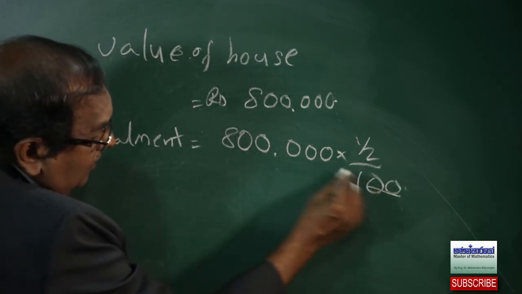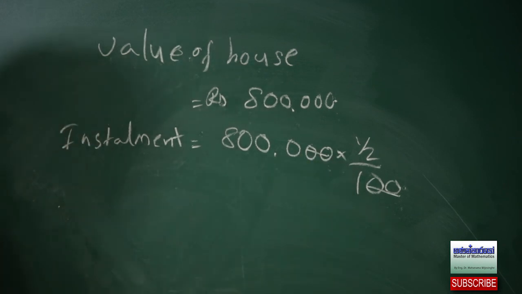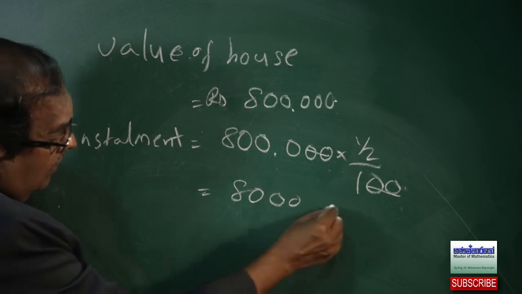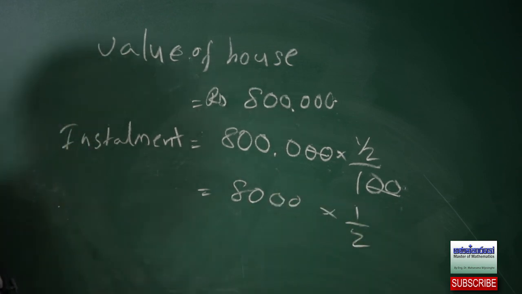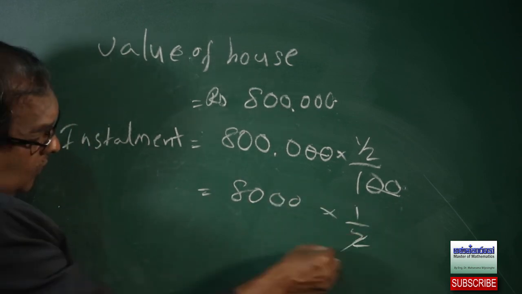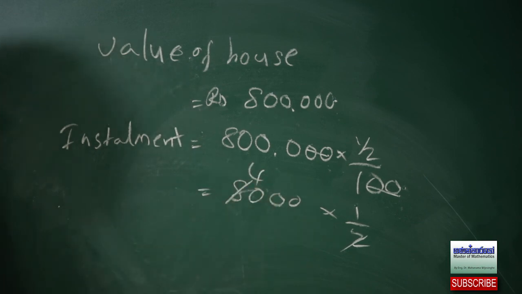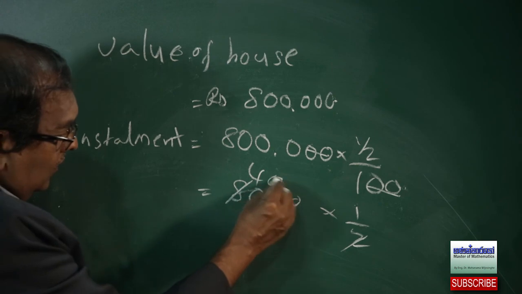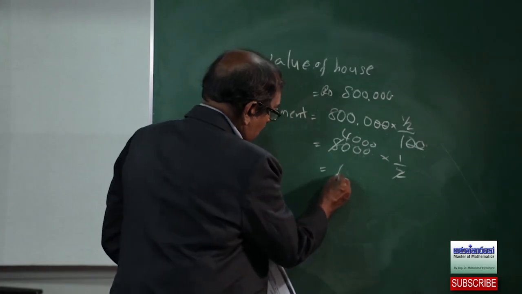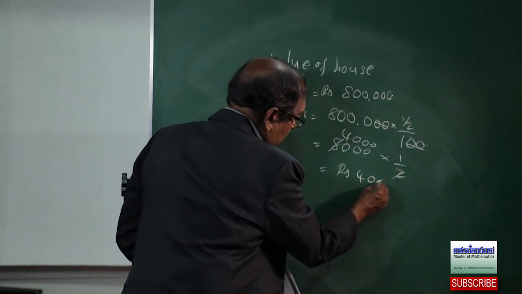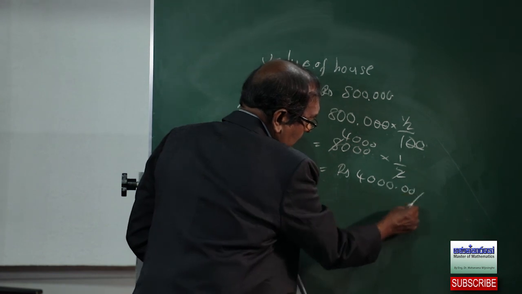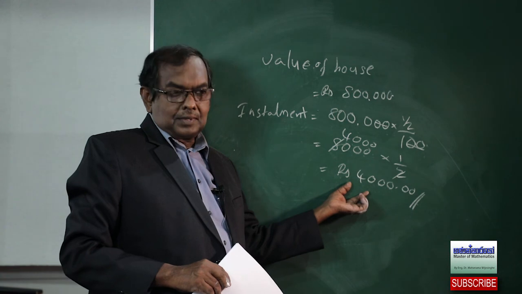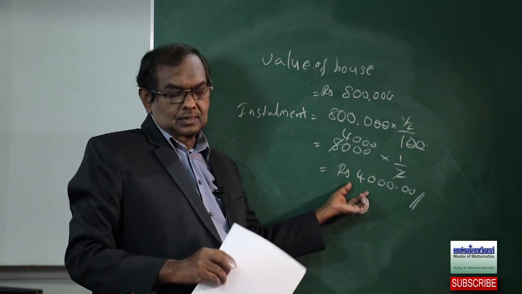Then we can cut these two zeros, so it equals 8,000 into 1/2. 8,000 divided by 2, the answer is rupees 4,000. This is the final answer. The insurance payment is rupees 4,000.